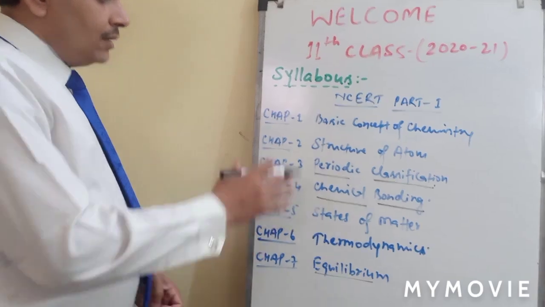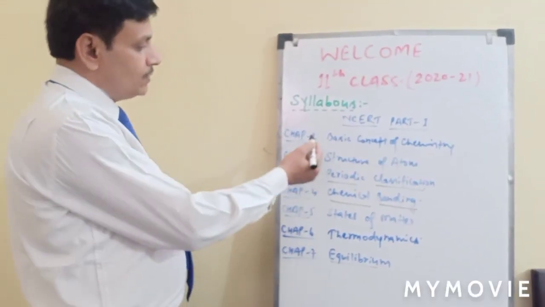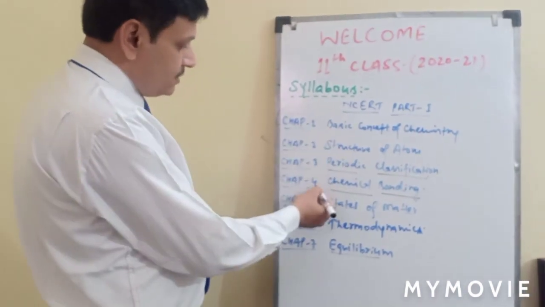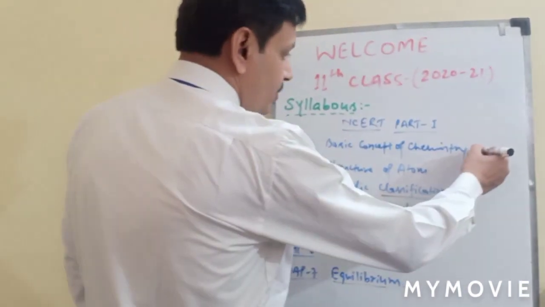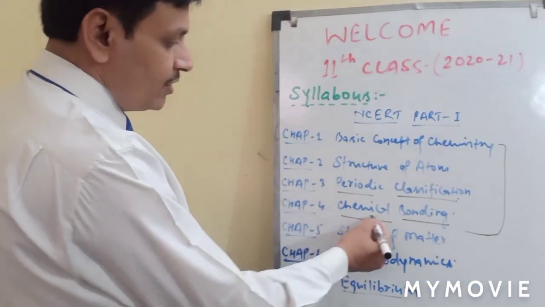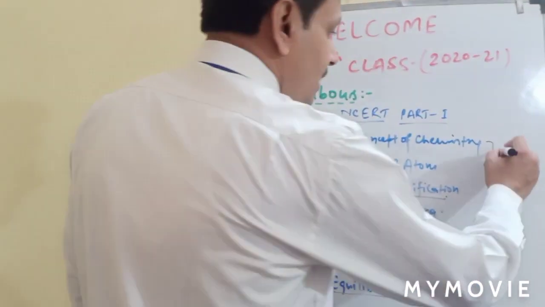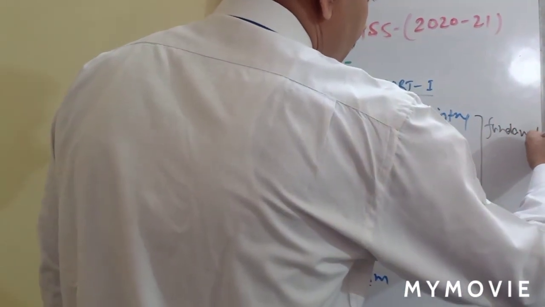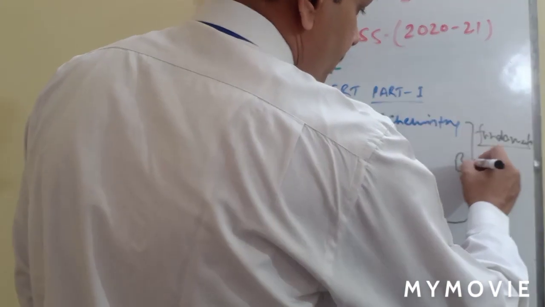Now, in this first part, I am talking about the first 4 chapters, from the basic concept of chemistry till chemical bonding. This is the fundamental chemistry, or you can say this is the basic chemistry.